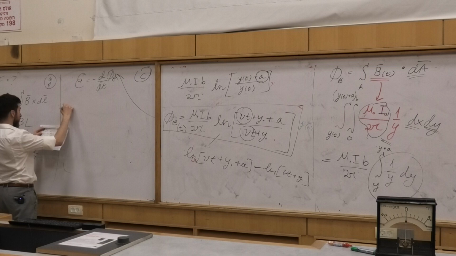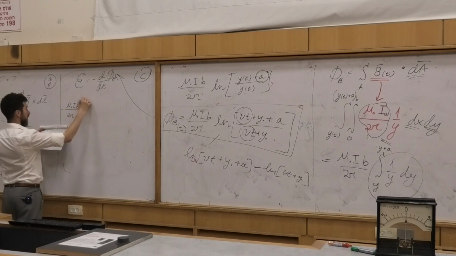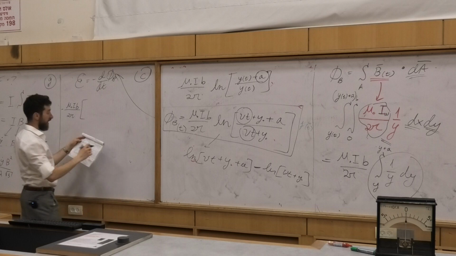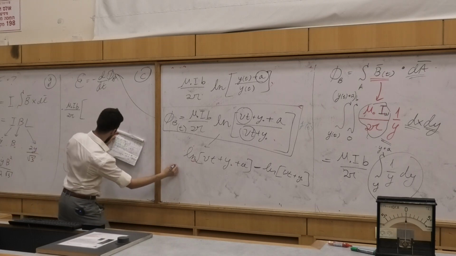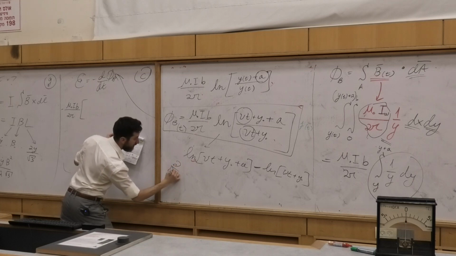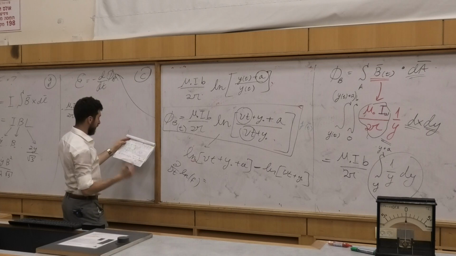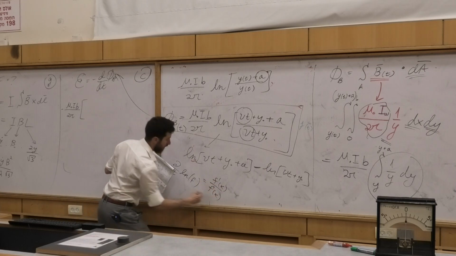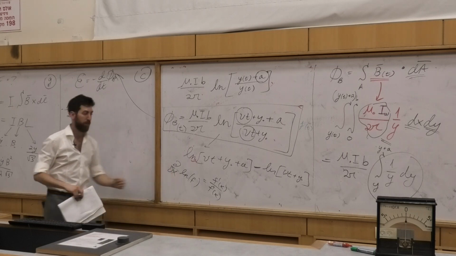So we have our constant here, mu I b over 2 pi, don't forget the minus, and we have the derivative of that. Just to remind you, if you differentiate ln of some function, it equals the function's derivative divided by the function itself, right? This is a general term.